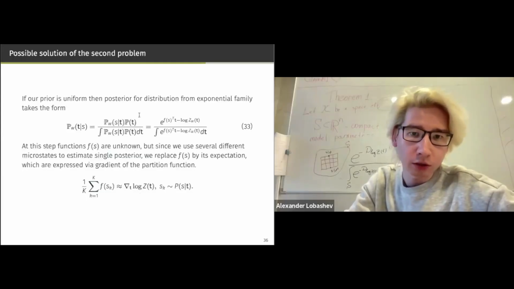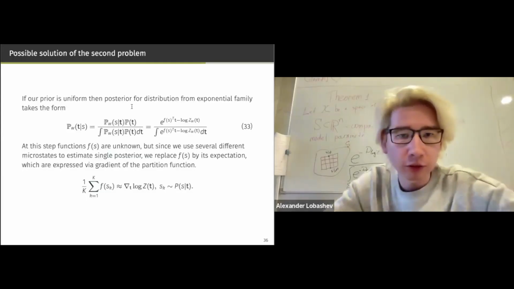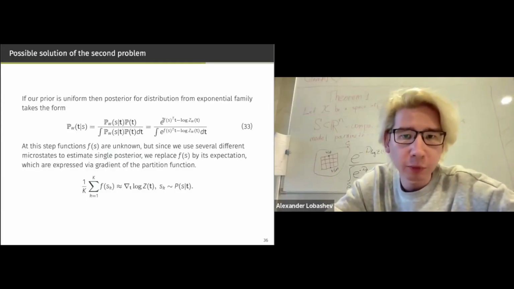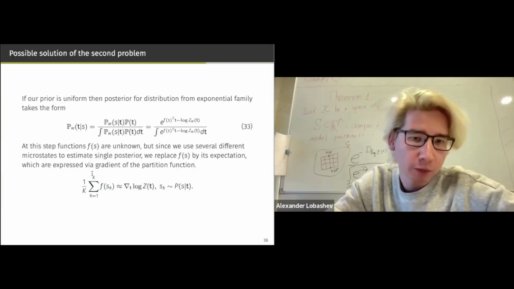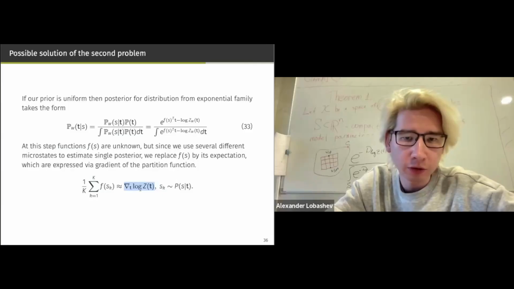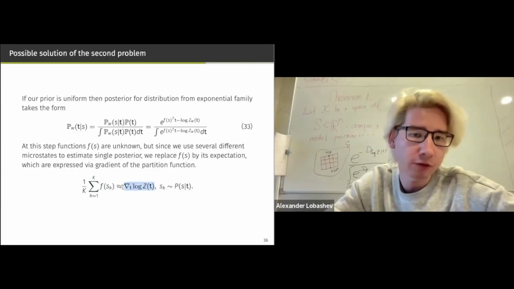Okay, and this is the case of an exponential family distribution. We will have the following posterior distribution. And we know that for an exponential family distribution, we will have almost sure convergence of the statistics to the gradient of our partition function.